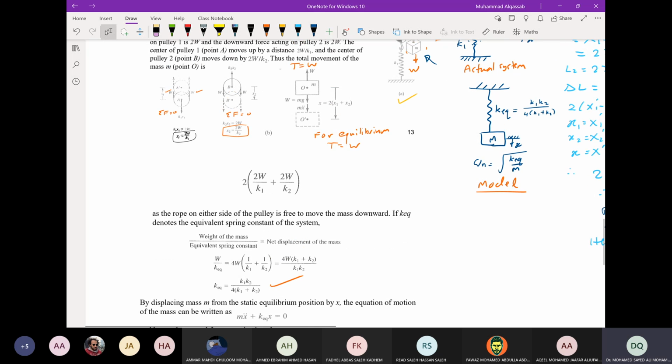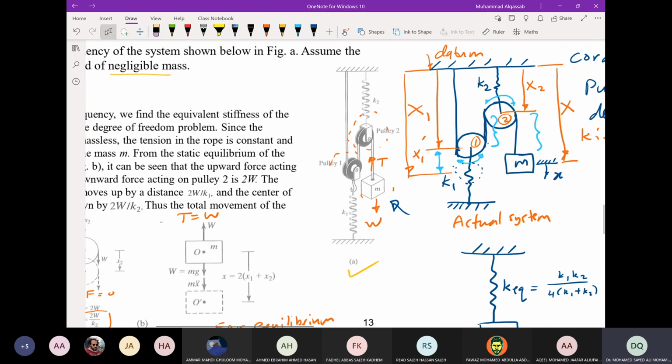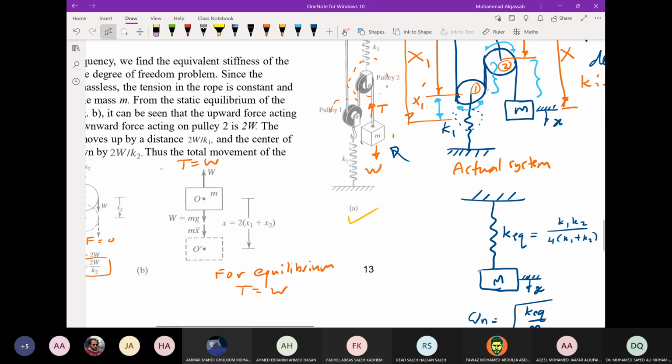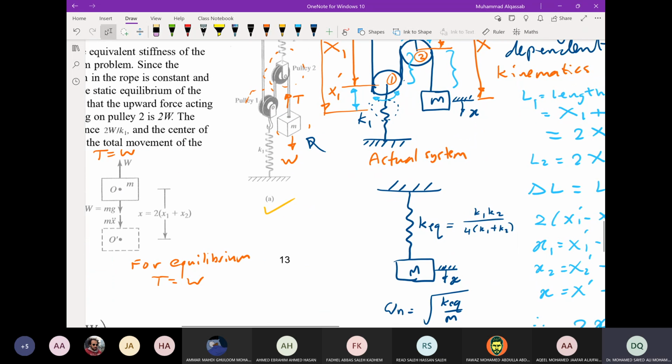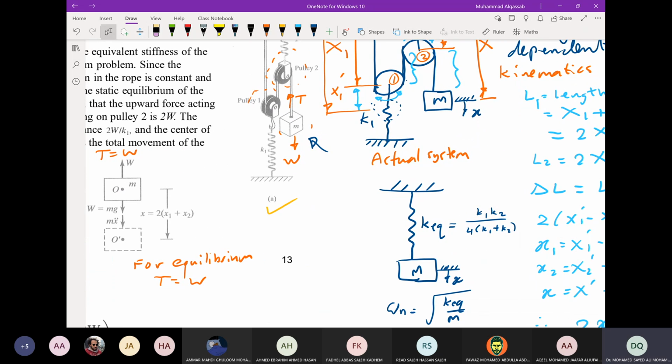Although this is a pulley arrangement system, we can model this as a spring and mass with some assumptions and reach a simpler model, which is a spring mass system. The pulley system is modeled as a spring and mass, but K is given as an expression.